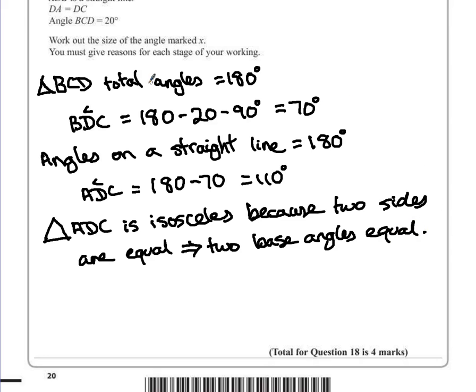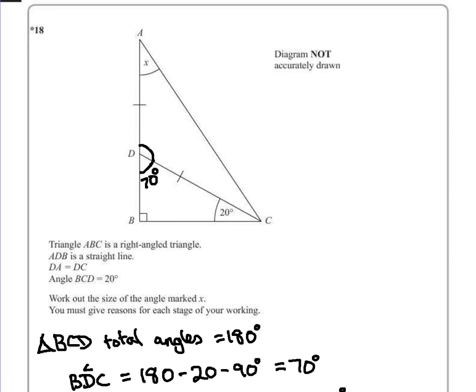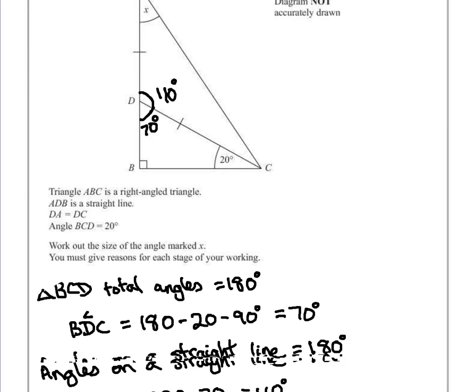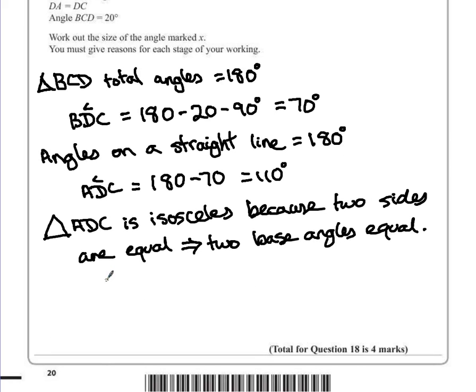Now we've already said that the total angles in a triangle are 180 degrees. So for our final calculation here, we know that this one is 110 degrees. So to work out what X is, well, we know that 180 take away 110 will give us the two remaining angles. So that's 180 degrees minus the 110 degrees is 70 degrees.